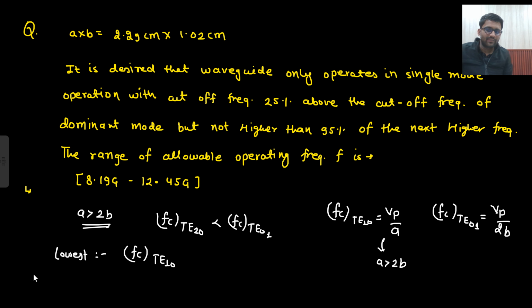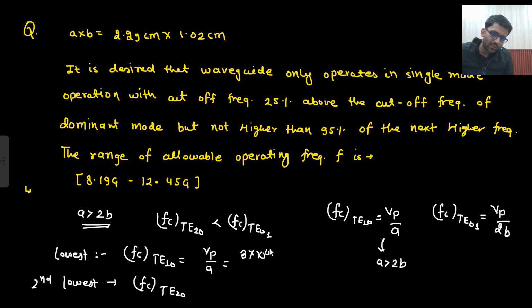What is the second lowest? Second lowest is fc of TE20. So what will be TE20? That would be Vp by A. So 3 into 10 to the power 8 divided by 2.29 into 10 to the power minus 2. So 30 by 2.29, you are getting 13.10.